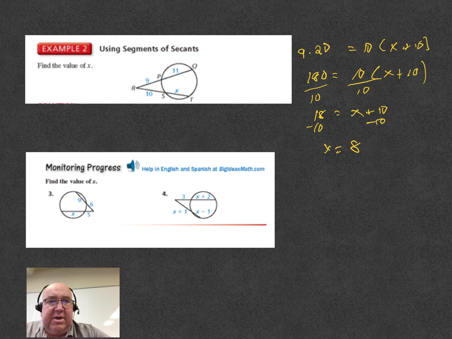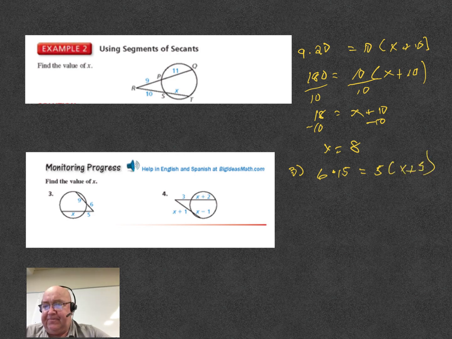Just a couple more to go. Number 3, do it here. We have 6, and then 6 plus 9 is 15, so we have 6 times 15 is going to be equal to 5 times x plus 5.